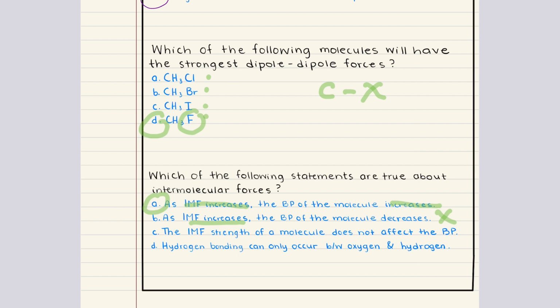Finally, D says hydrogen bonding can only occur between oxygen and hydrogen. This is also a false statement because hydrogen bonding occurs between hydrogen and three highly electronegative elements, which are fluorine, oxygen, and nitrogen. So with that being said, the correct answer for our final problem is A.